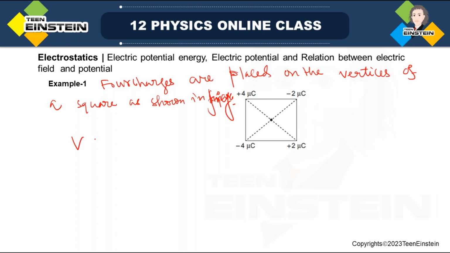So V, the electric potential at the center of the square, will be 0 as all the charges are at the same distance from the center. So how do we find out the potential?